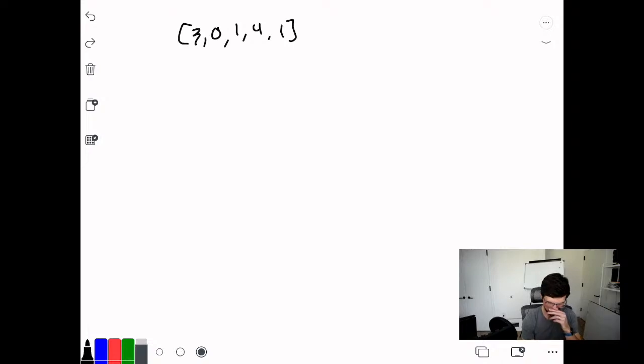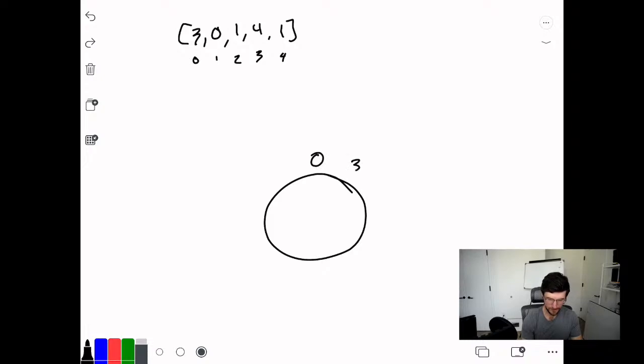But if we actually start drawing it out, and let me put the indices here, let's start filling this in. We have our table, and we'll put person 0 here, 3 here, and 3 wants to sit next to 4, so it would be 4 here. And now we'll put 1 here, 2 here, and now we have a contradiction, right? Because 1 wanted to sit next to 0, and we can't sit 1 next to 0 because there are 2 other people who want to sit next to 1.